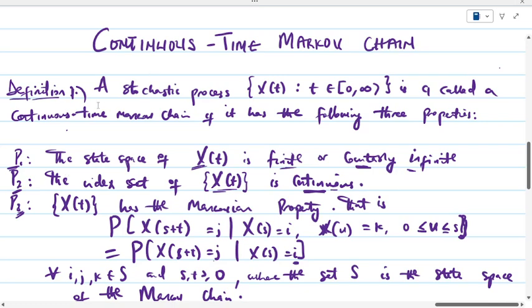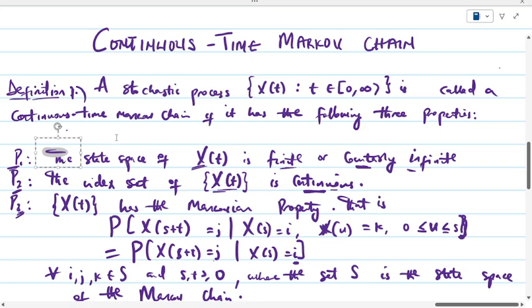We have a stochastic process X of t, given that t belongs to the time variable [0, infinity), is called a continuous time Markov chain if it has the following three properties.